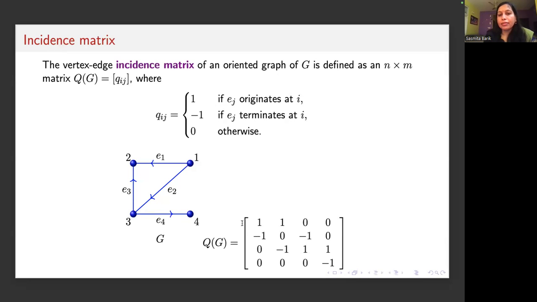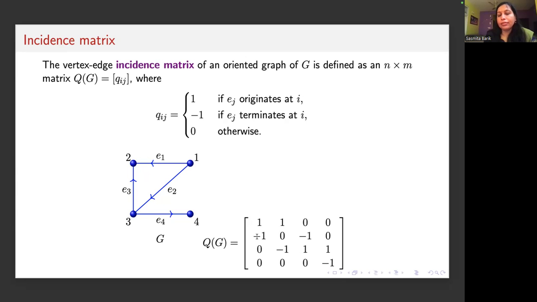So this is 1, 2, 3, 4, the 4 vertices. And then the columns are indexed by the edges, so here E1, E2, E3, E4. If I look at the entry which corresponds to vertex 1 and edge 1, for edge 1 the starting vertex is 1, so I'll put 1. And for edge 1, the terminating vertex is 2.